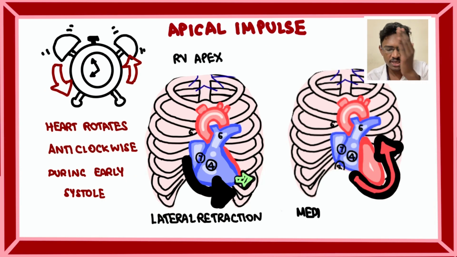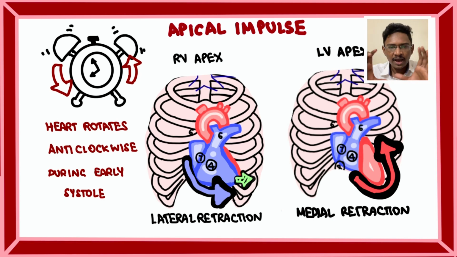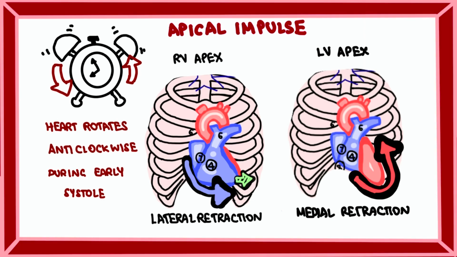In those hearts where there is LVH, LV dilatation or normal apex, the heart undergoes anti-clockwise rotation and the impulse goes medially. There will be a medial retraction seen here. So lateral retraction for RV apex and medial retraction for LV apex.